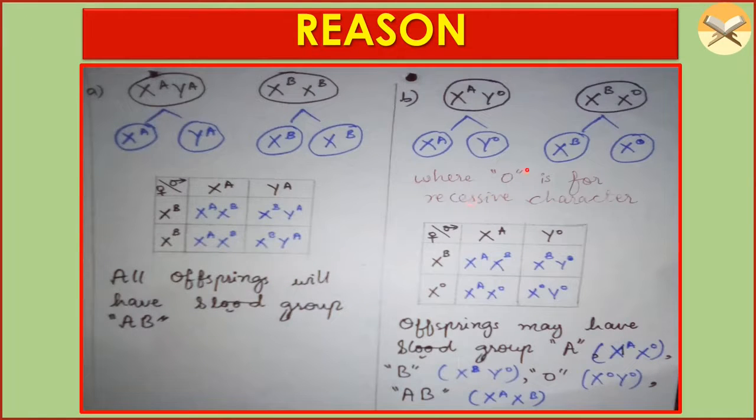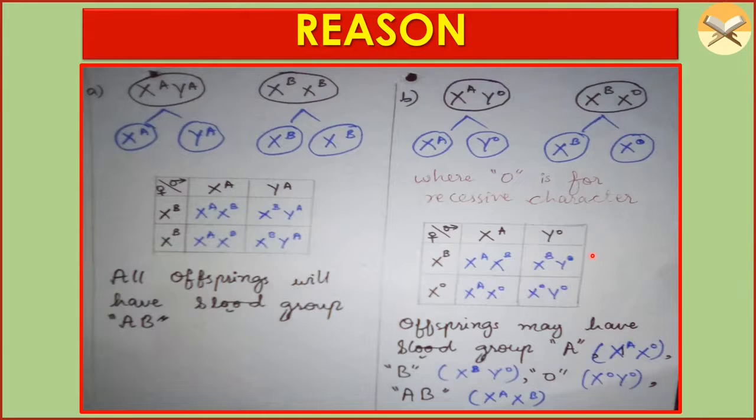Second is the case of incomplete dominance. So here the alleles are represented in the form of XAYO and XBXO, where O is representing the recessive character. Gametogenesis takes place, gametes are formed, which are represented in this Punnett square. Here there are gametes of the mother and here are the gametes of the father. Whenever you have to find out the genotype of either parents or offspring, you must represent them in the form of a checkerboard.